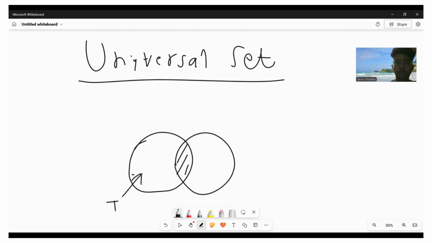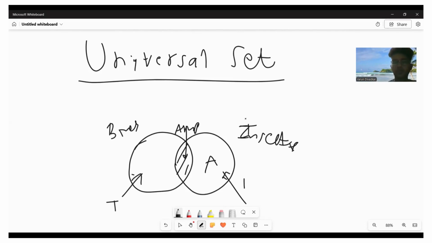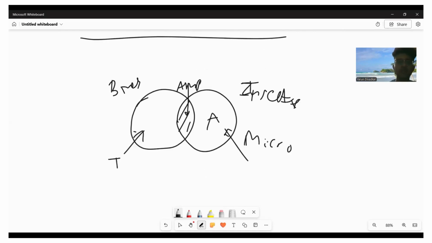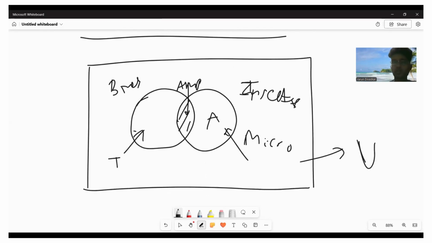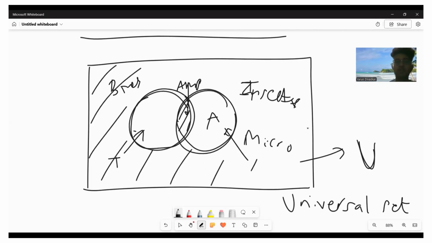But then you also have birds, you also have insects, right? You also have other microorganisms. So all of this forms a universal animal set, right? So this set that contains everything, U, is called as a universal set, right? So beyond this set of terrestrial and amphibian, you have everything else embedded in the universal set, right?